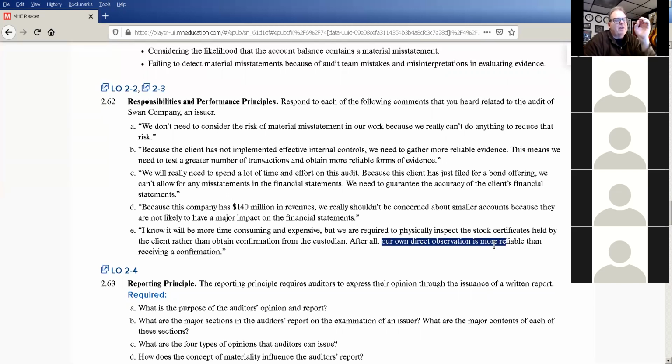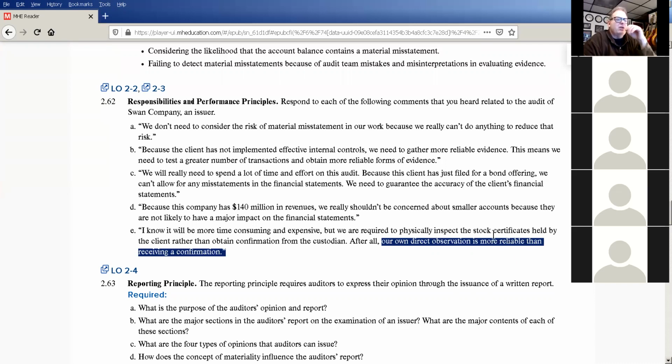But here's the thing about auditing: you don't always have to get the best evidence. You have to get enough evidence for whatever it is. For instance, if this is a smaller amount of stock, it depends how many we are talking about. Is it material or not? So the size of it makes a difference.